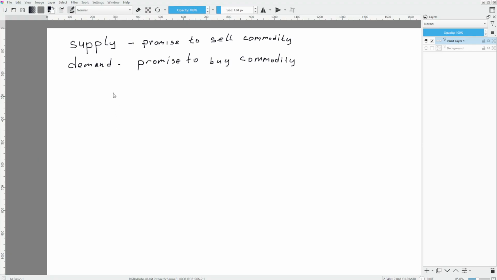But this model also has actual goods, actual supply and demand, it's just defined in a more unusual way.